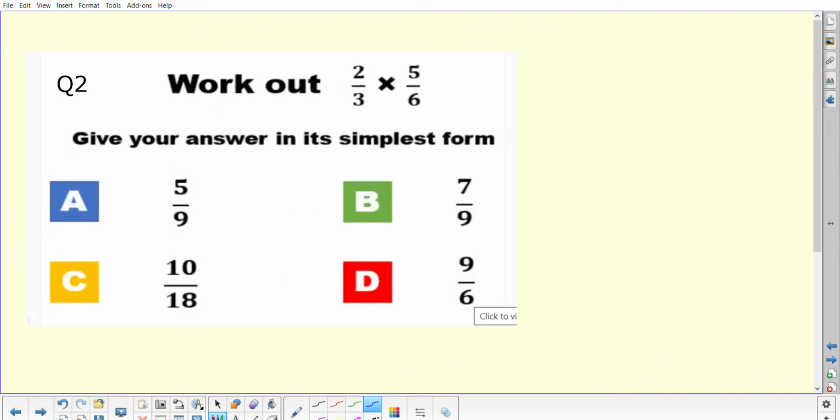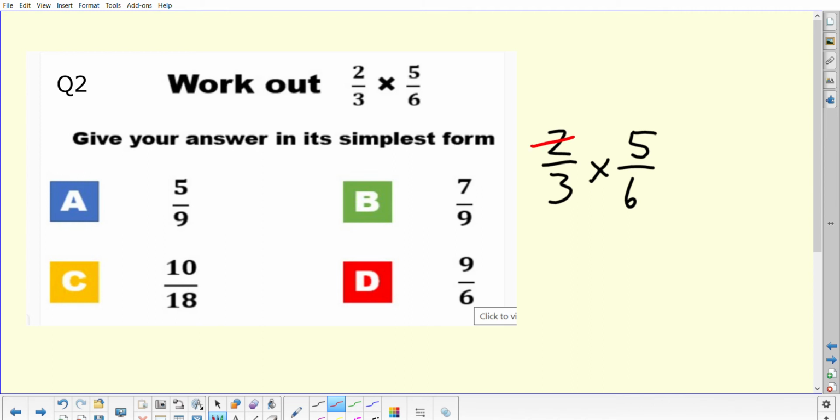For question 2, we would have had 2/3 times 5/6. With this one, you can do the simplify before you multiply stage. You can see top and bottom there you've got the 2 and the 6, both of those are in the 2 times table.